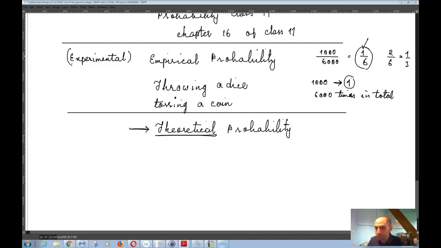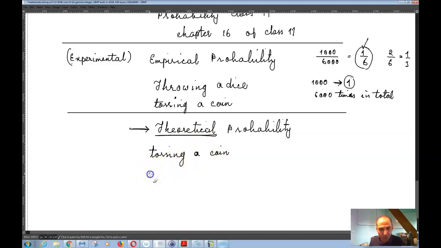The assumptions that we had to make were, for example, in the case of tossing a coin, suppose that you want to calculate the theoretical probability. Here we have to make some assumptions.